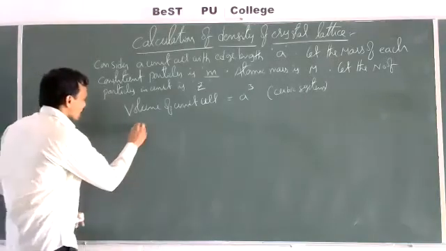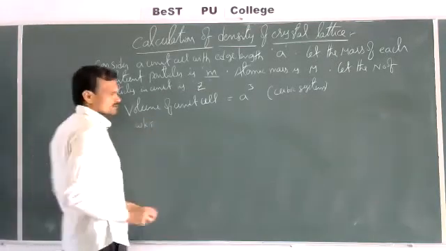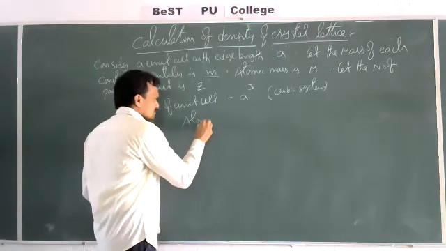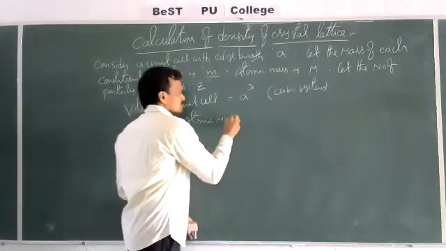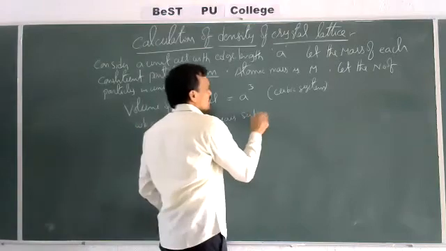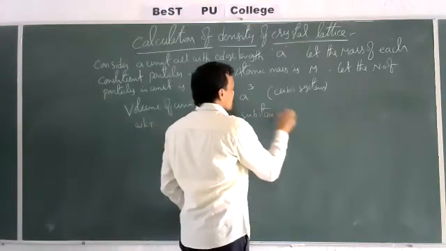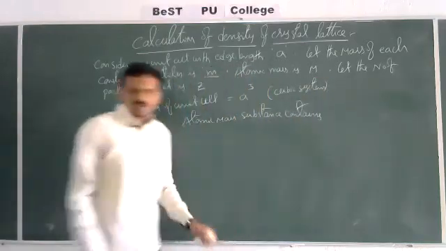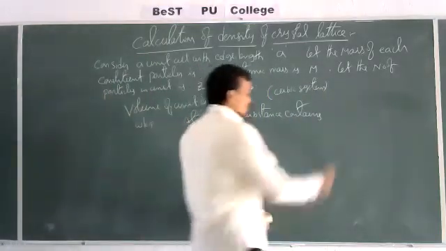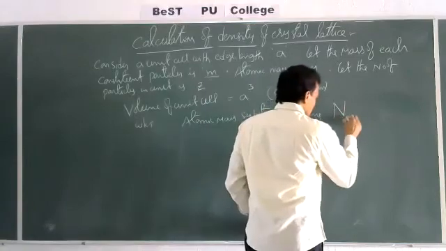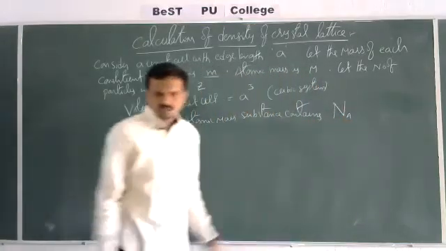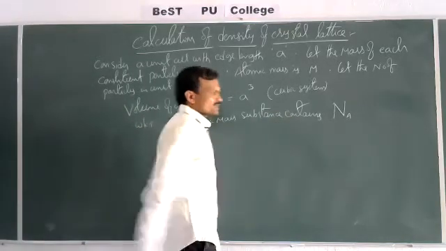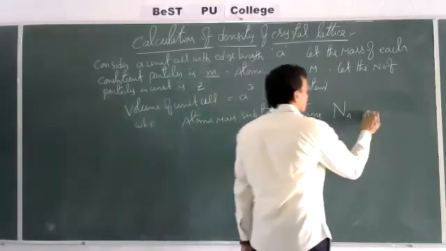Here, as we know, the atomic mass of a substance contains how many particles? Avogadro number of particles. That Avogadro number has the symbol Na. Na is the Avogadro number of particles. So the atomic mass of a substance contains Na atoms.